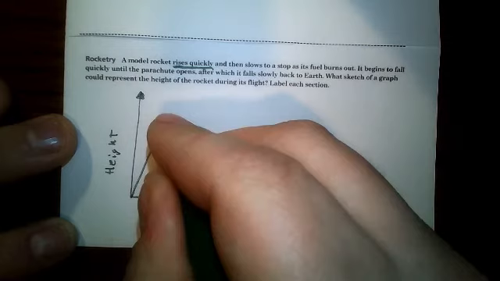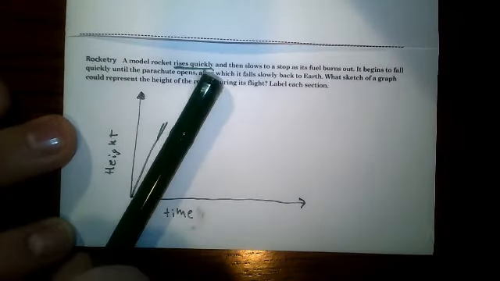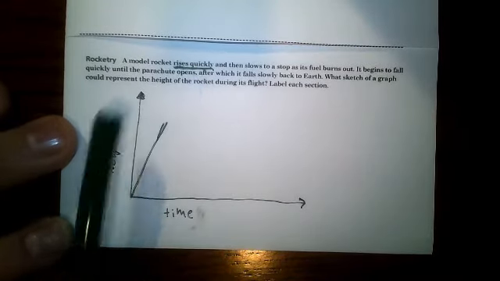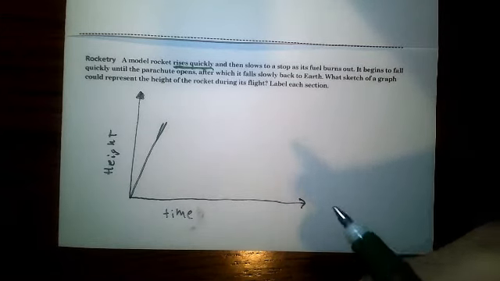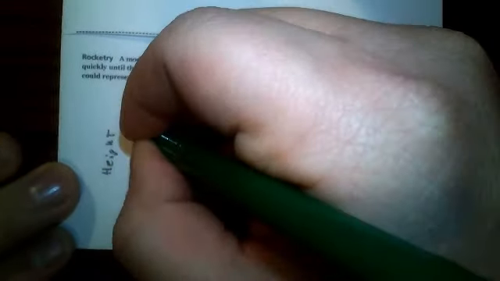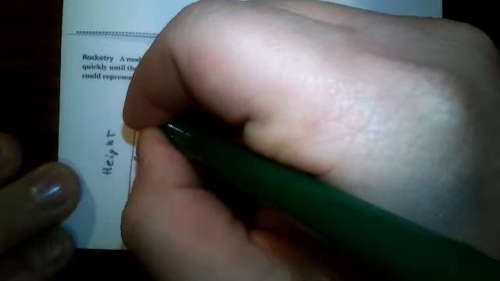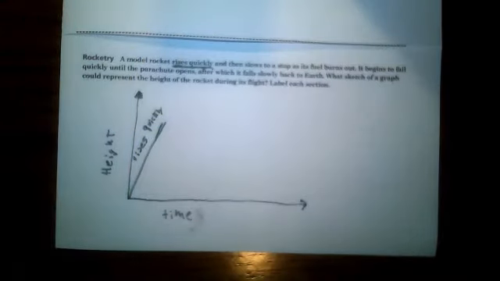So it's rising quickly, and I would say a constant pace. When I think of a rocket, I don't think of it kind of going faster and faster and faster. I think of it as a constant rate as it goes up. So this is my rises quickly. And then what happens to the rocket?